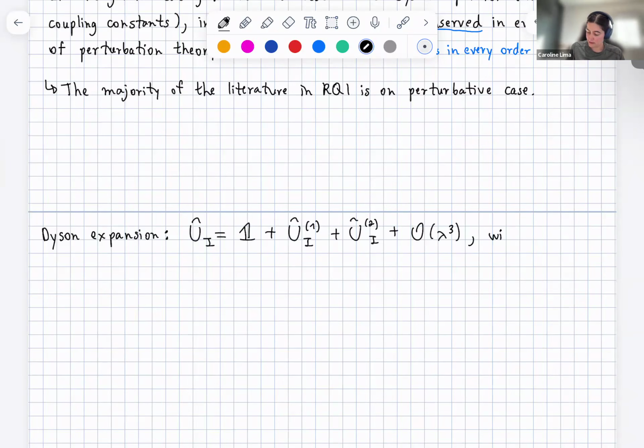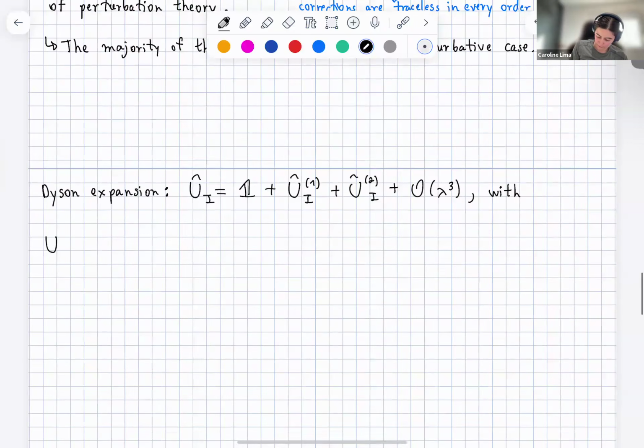Then let's define each of these terms. The first one is going to be minus i times the integral from minus infinity to infinity of d tau of the interaction Hamiltonian of tau.